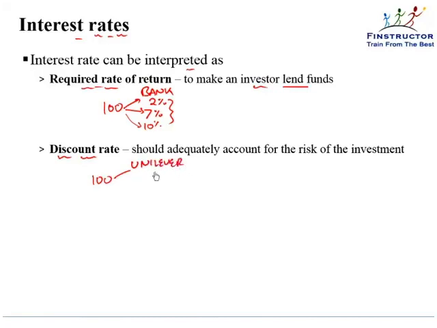Unilever is an FMCG company that makes soaps, detergents, creams, etc. Or if this $100 was given to DLF. DLF, for example, is a real estate company that constructs and sells houses. Where would the rate of interest charged be higher? When you're lending your funds to Unilever or when you're lending your funds to DLF?